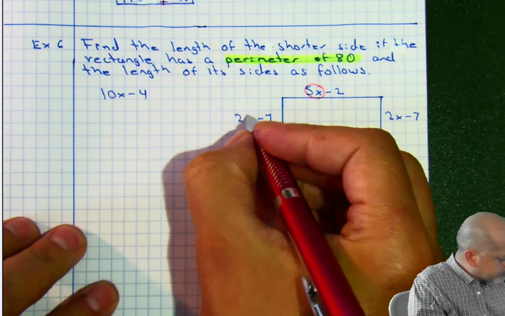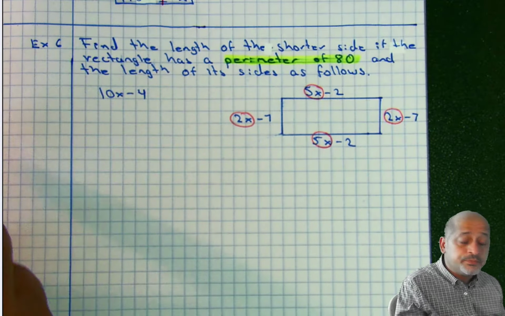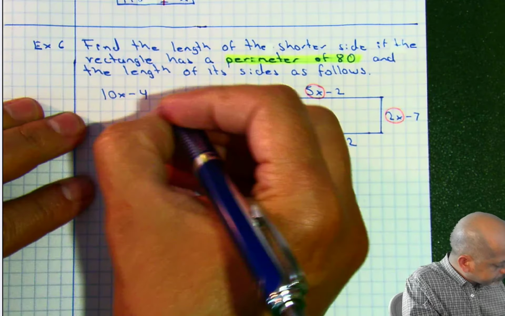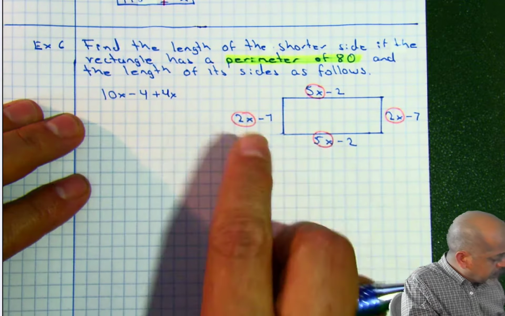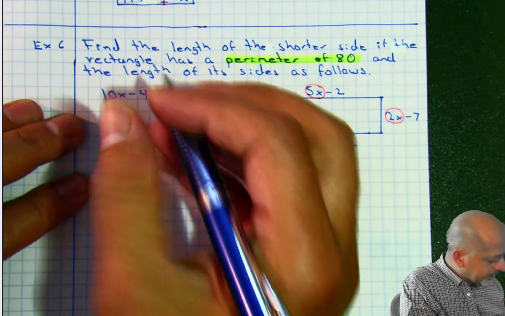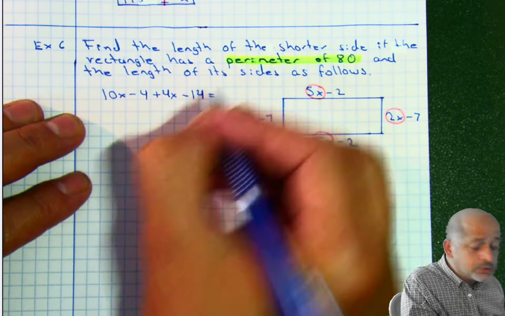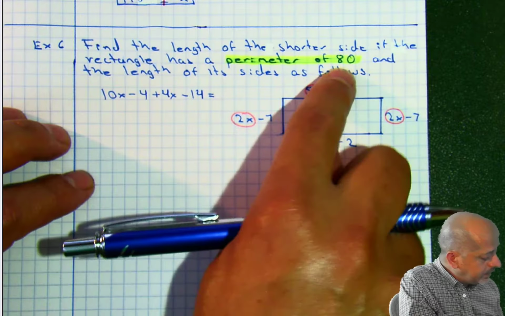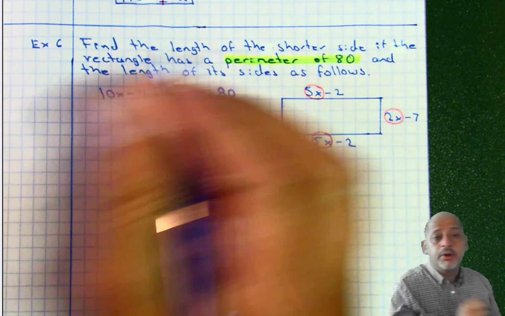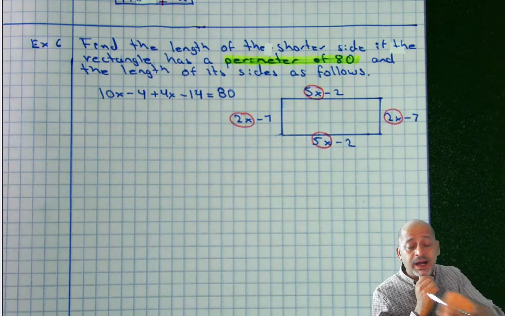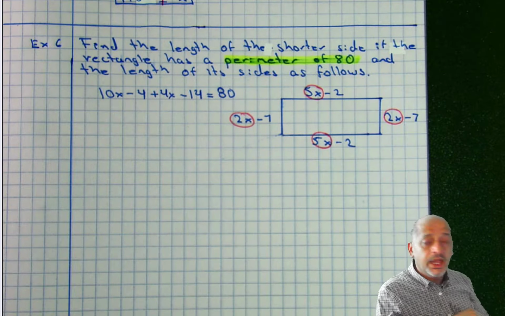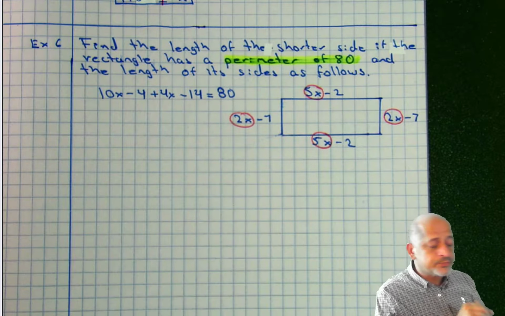And now we have 2x and 2x will give me 4x. Negative 7 and negative 7 will be negative 14. Equals 80. So remember, to find the perimeter, you just have to add up all four sides. And go ahead, let's go and solve it.